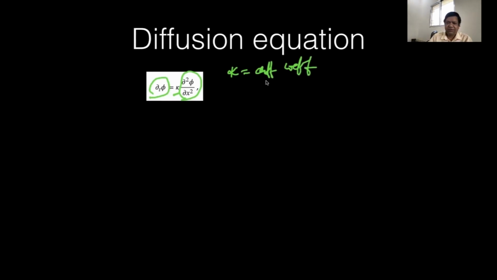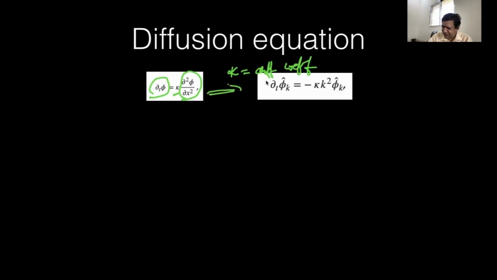Now, if I do the Fourier transform, it's just straightforward, which we studied in the set of chapters on Fourier transforms. So this equation in Fourier space appears like that.